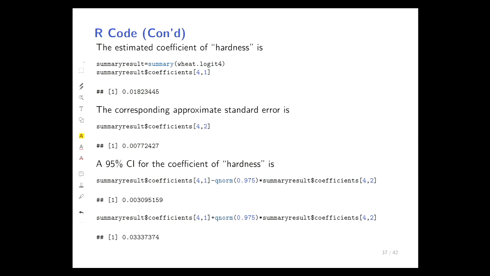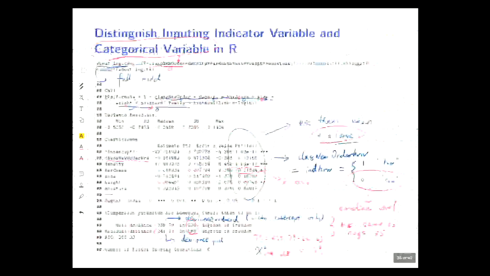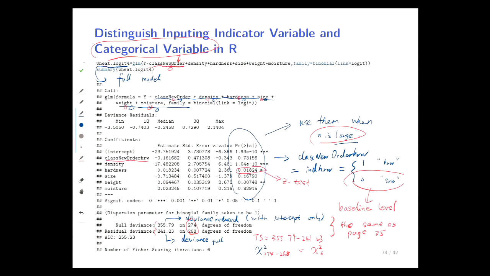In the summary output, I have already mentioned the estimation, the MLE here. If we still look at the hardness case, we have the MLE, the standard error, and also the Z value. That value is the MLE divided by the standard error.